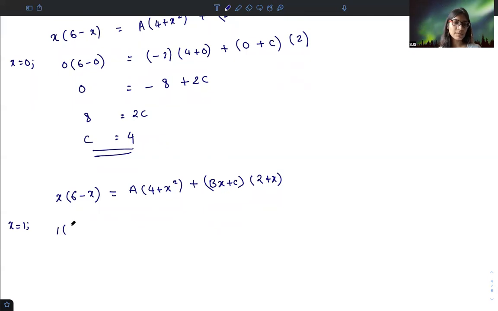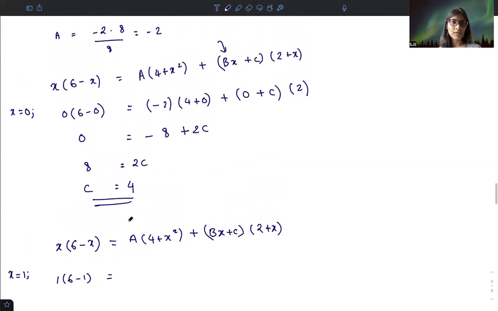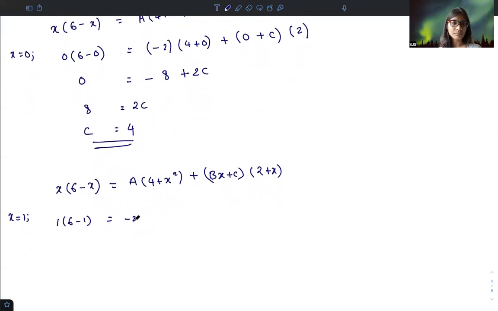So 1 multiplied with 6 minus 1 is equal to a, and we found the value of a as -2, times 4 plus 1 square, which is 1. You see, that's the reason why I took 1. If I had taken anything other than 1 or -1, if I had taken 2 or 3, then 3 square becomes 9, 2 square becomes 4.